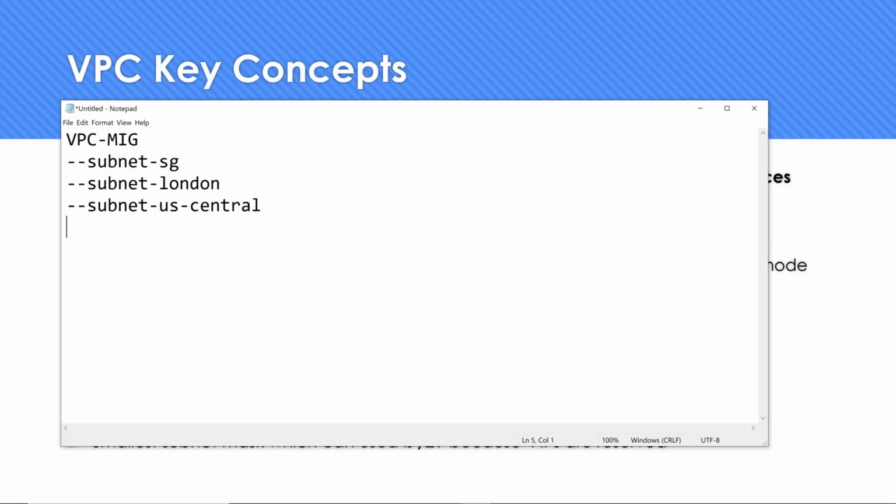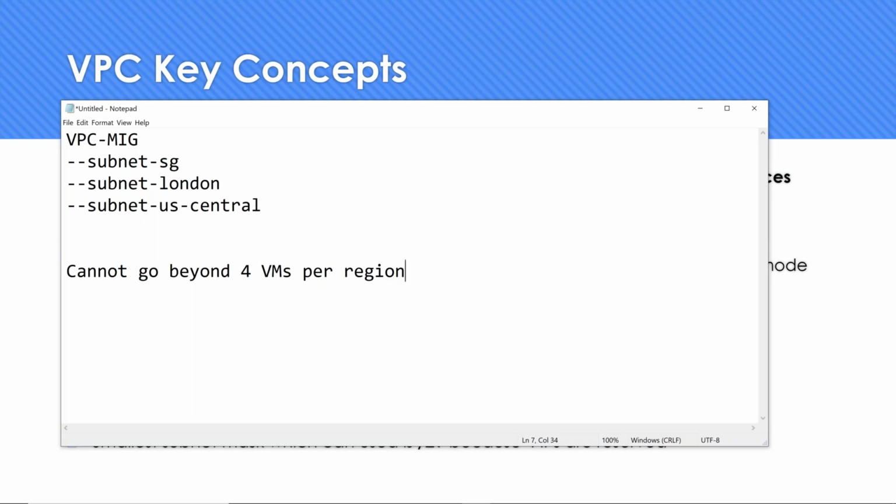The requirement which I have is basically 3 MIGs are there, so I can create instance groups in Singapore, London, and US Central. But the customer has mentioned I cannot go beyond 4 VMs per region.